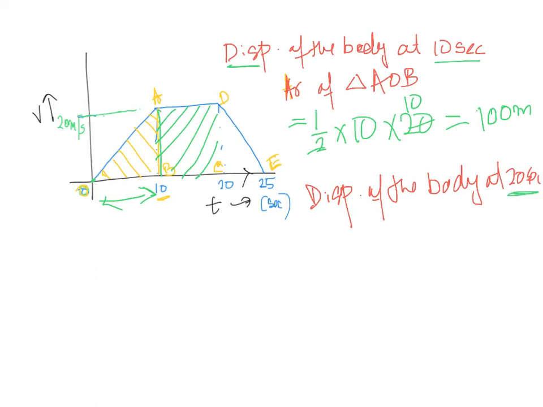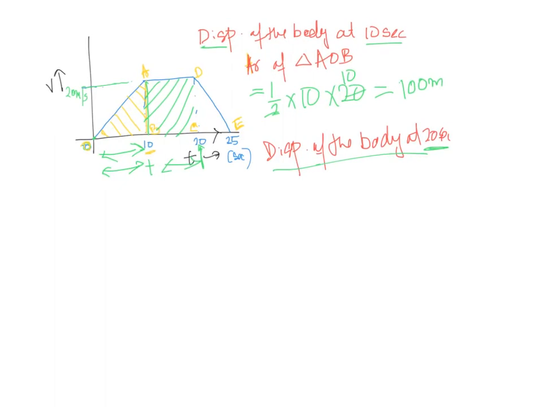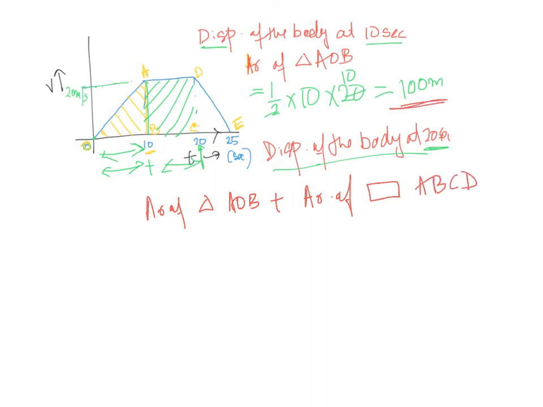After 20 seconds means at this point, so I have to add this plus this. This displacement will be given by area of triangle AOB plus area of rectangle ABCD. I already know the area of triangle AOB, this is 100, from the last calculation.